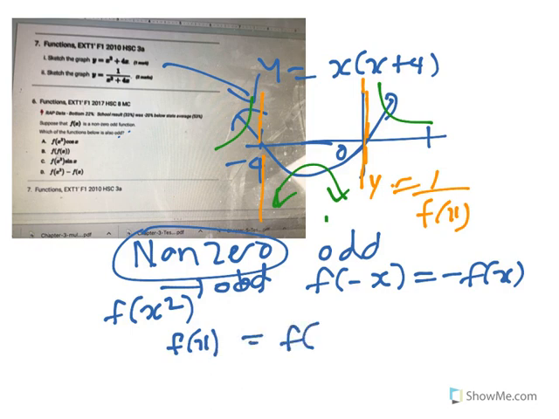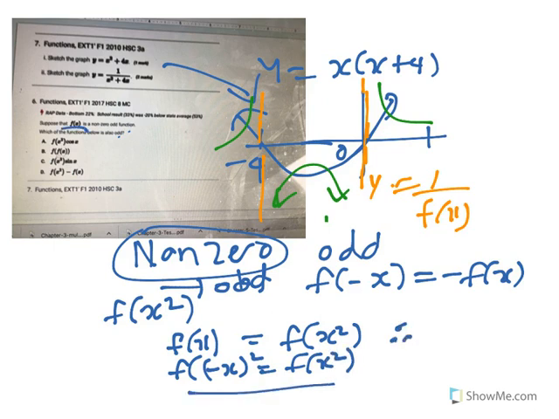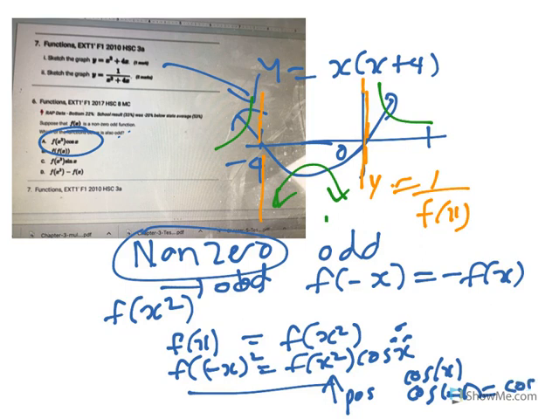That means if you put in x squared, you just get x squared. But if you put in minus x, then you get minus x squared, and you get f of x squared. So in that situation, it's f of x squared, and it's cos x as well, isn't it? That's positive, and cos x and cos minus x. Now, cos minus x is actually equal to cos x.